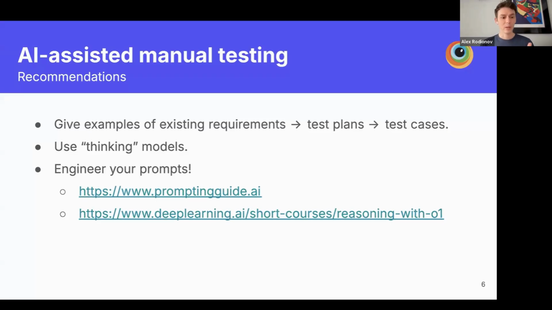The second recommendation I would have is to use a thinking model. Every provider now has reasoning models like DeepSeek R1, or OpenAI has O1 and O3. There is, I think, a Gemini thinking model, and Anthropic has Claude 3.7.